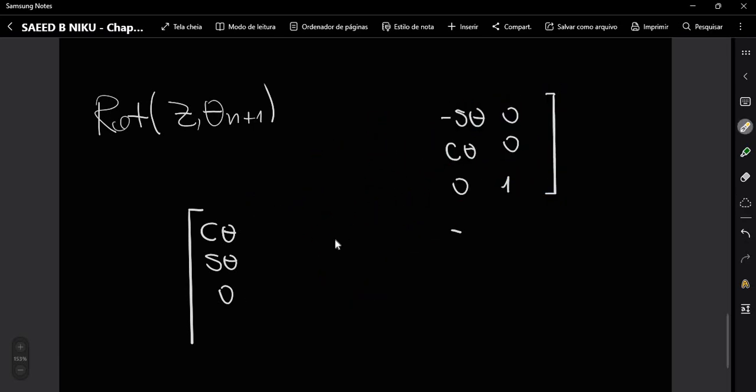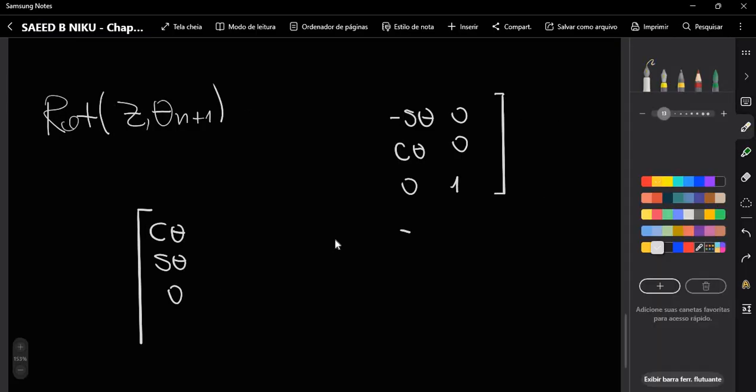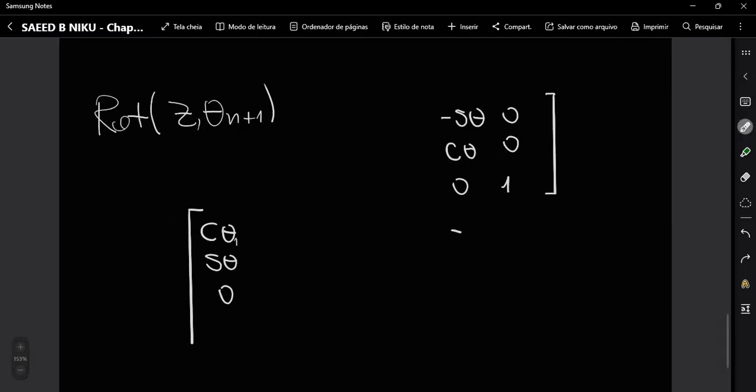We just need to write right here theta n+1, theta n+1, and right here n+1.